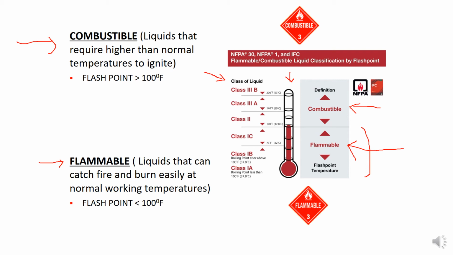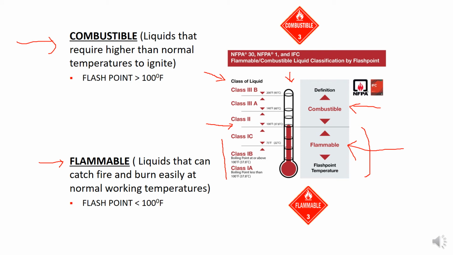Particularly, they have a flash point temperature of less than 100. You can see this is the 100 mark, and they can catch fire even below 100. And the flammable liquids are class 1C, class 1B, and class 1A. So these liquids fall under flammables.